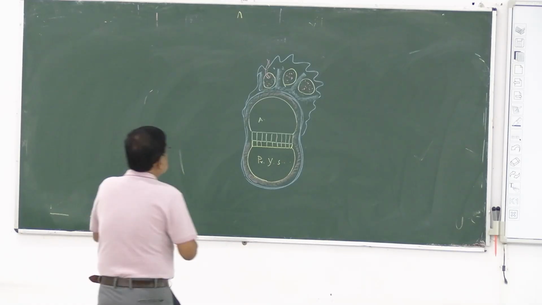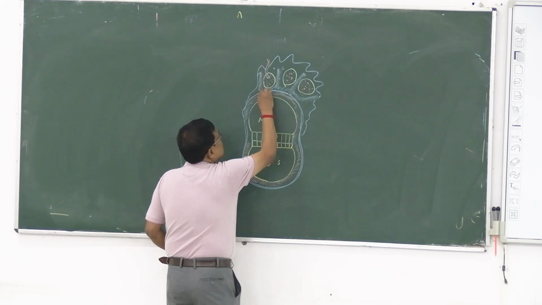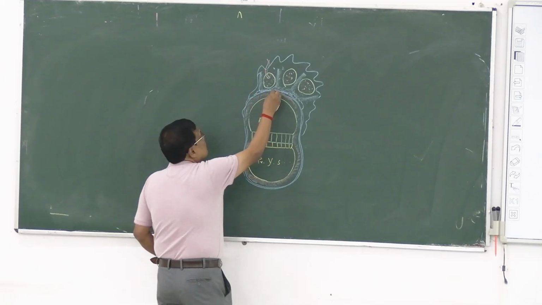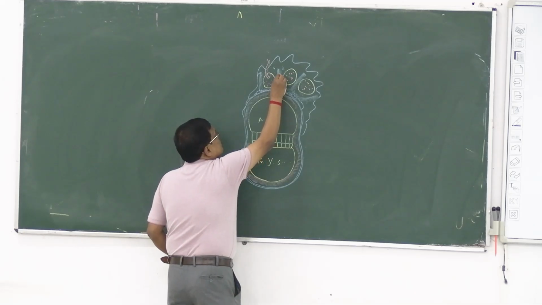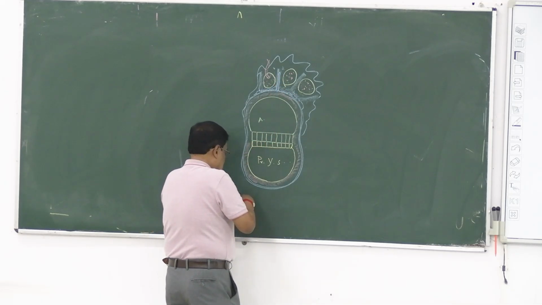Now, just below the syncytotrophoblast, there is a cytotrophoblast, which is cellular, and the cell membrane can be seen. This cytotrophoblast gradually multiplies by mitosis and invades. I will color it differently for convenience.